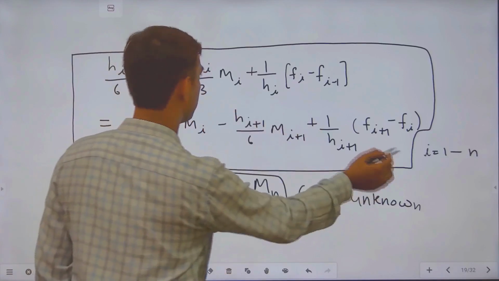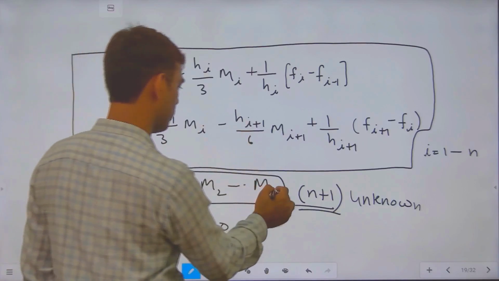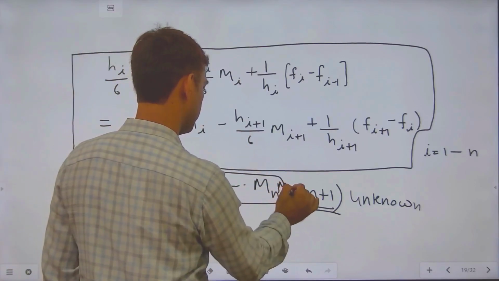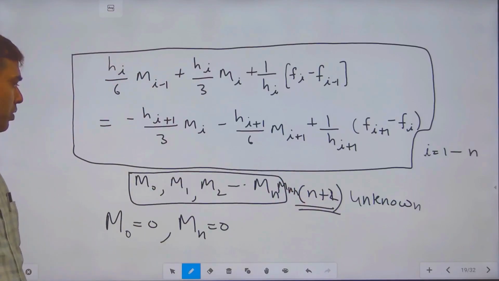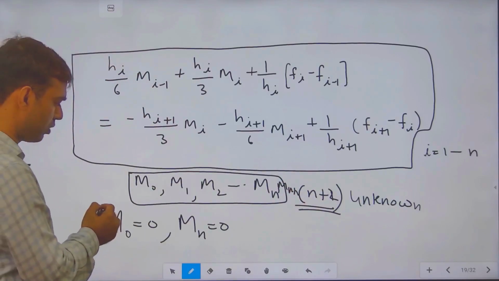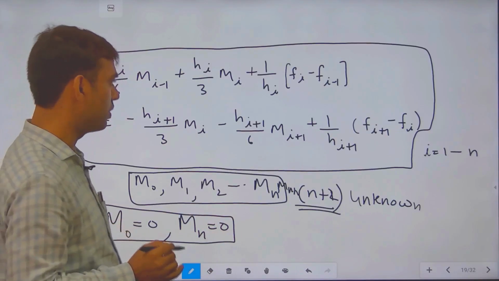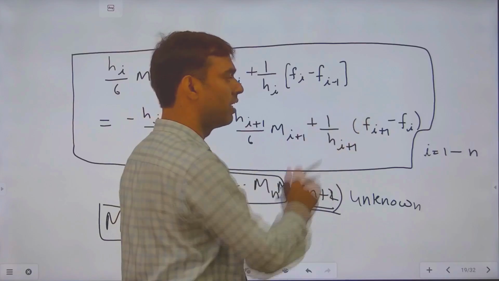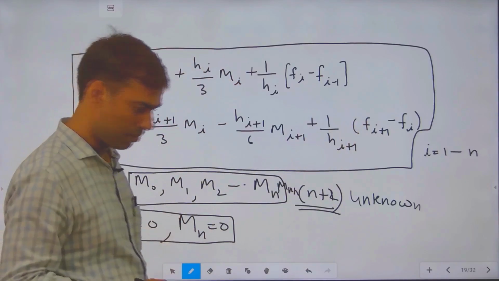If we put i equal to n, then what will happen here? There are n plus 2 unknowns, and how many equations? n equations.